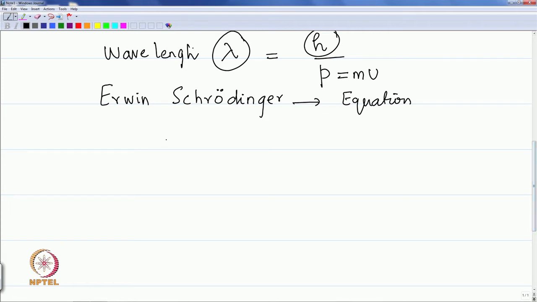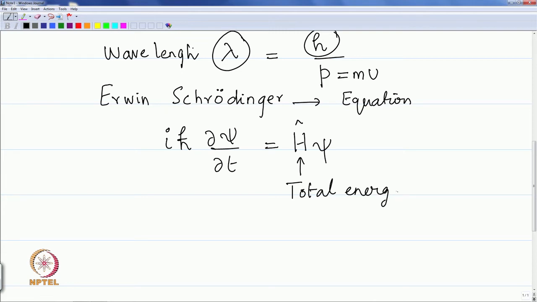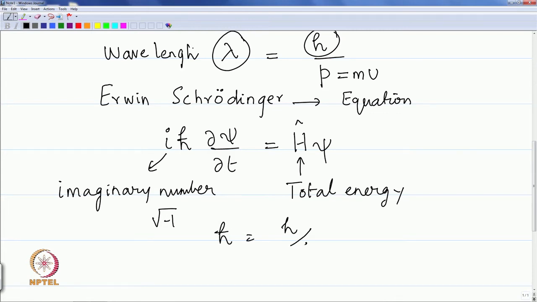The Schrodinger equation involves a function psi, which is a function of time, and a quantity called the Hamiltonian, or the total energy of the system, and it involves the imaginary number square root of minus 1, and h bar is again Planck's constant h divided by 2 pi.